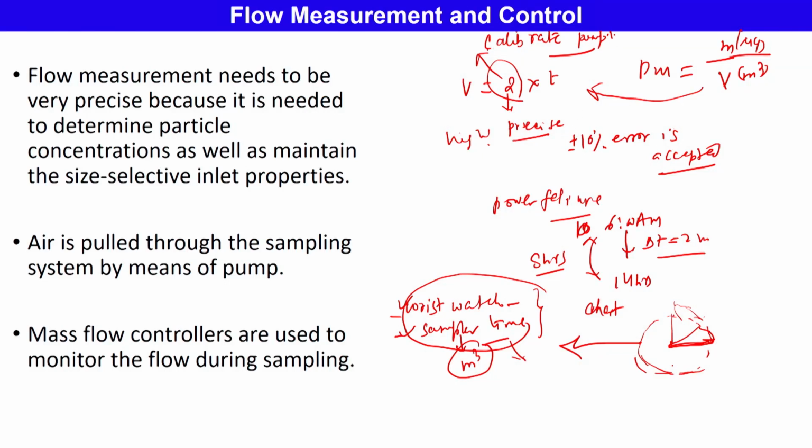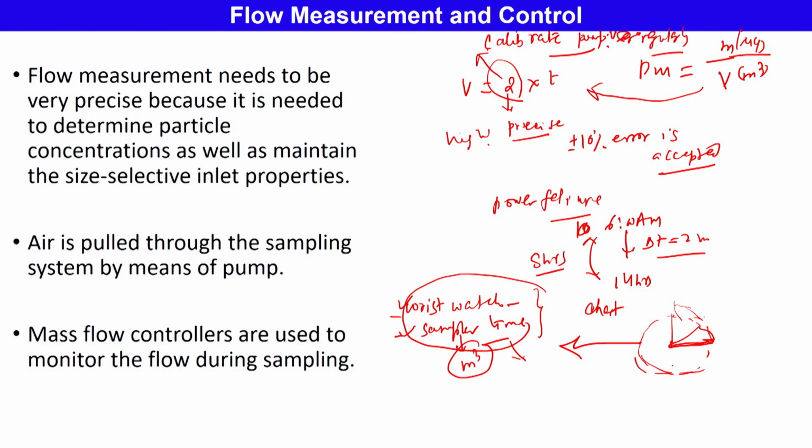This means when you are going to start, say in a month at least, you should calibrate your PM sampler. This will give a very good idea, and this will maintain not only the volume, but also the size selective inlet properties.